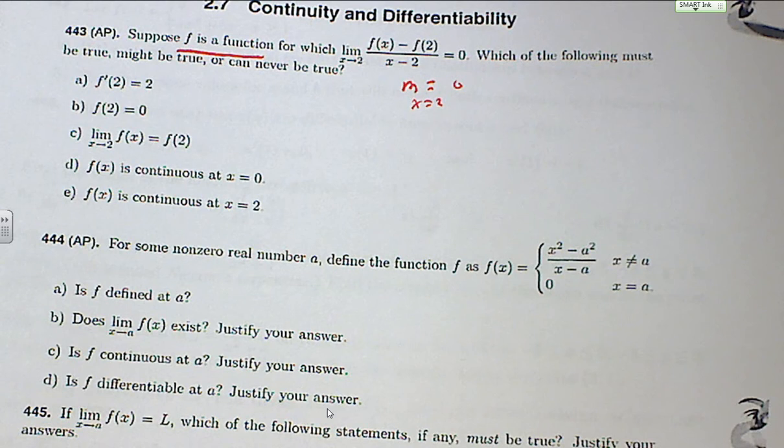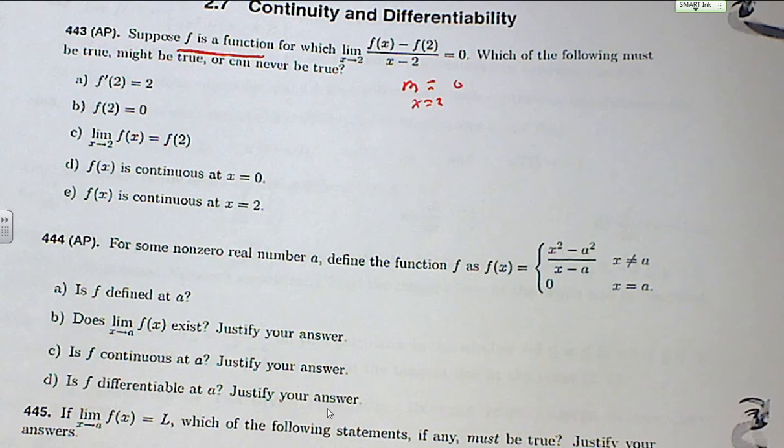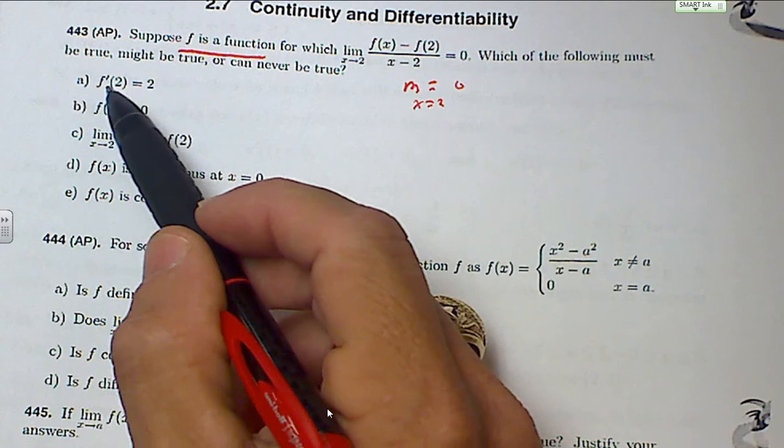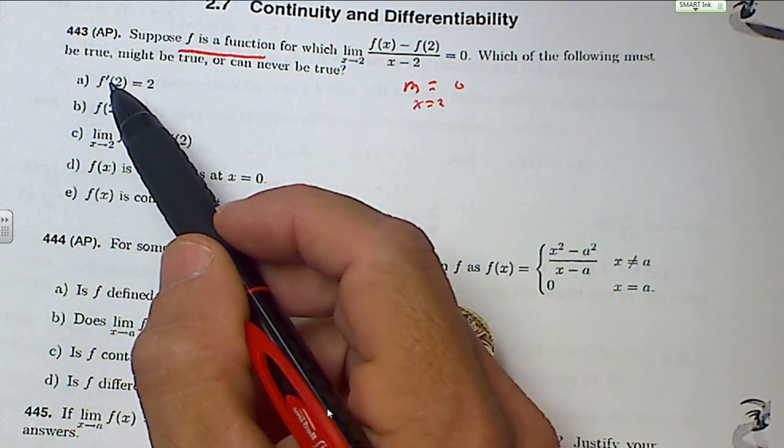So, look at A. What's the equation? There's no equation. You don't need an equation. What is this telling you? Right here. Slope of 2. When x is 2, y is 2?